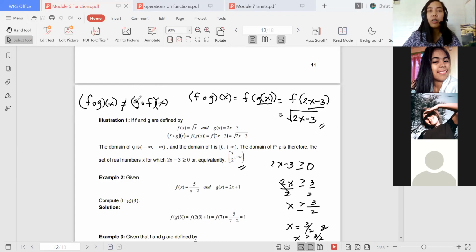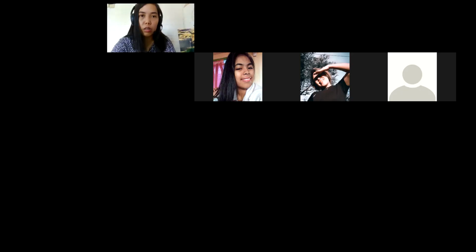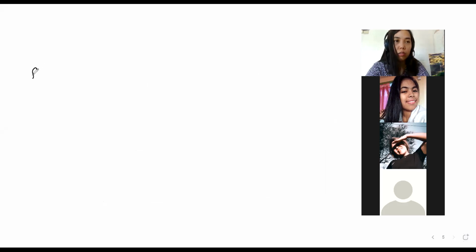So, when we get g composite f, given this, okay. So, kunin natin ang f of x is square root of x. And g of x is equal to 2x minus 3.